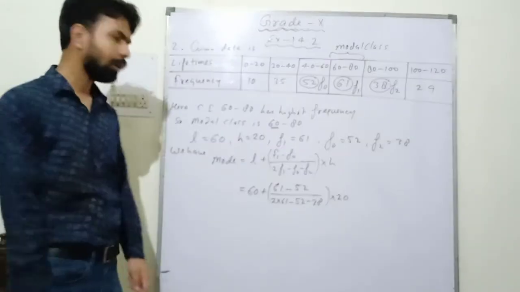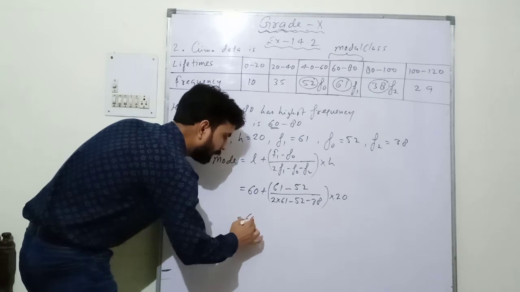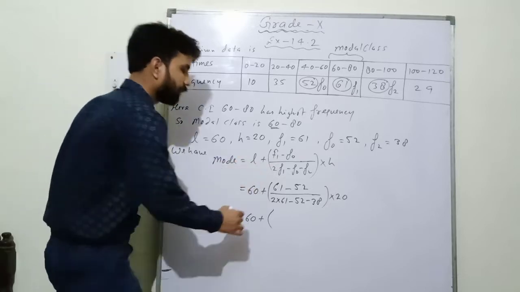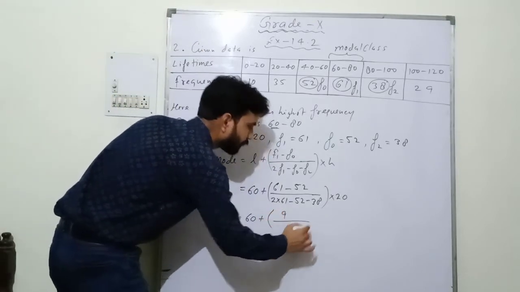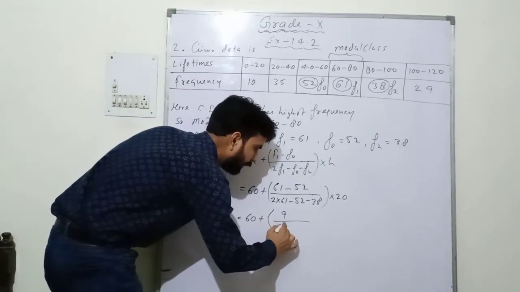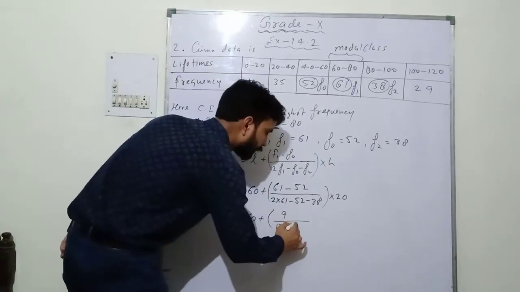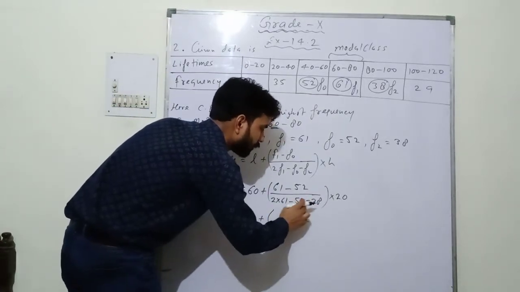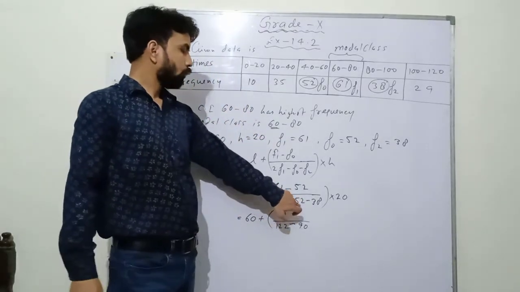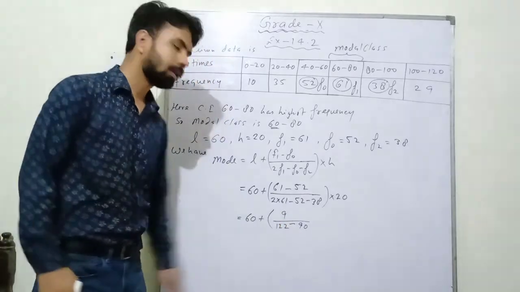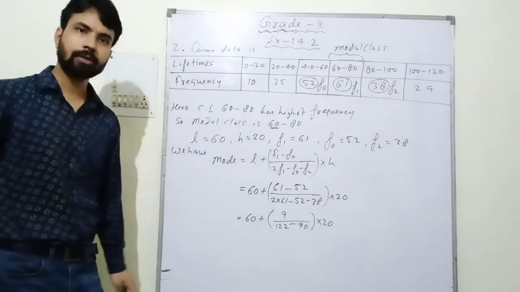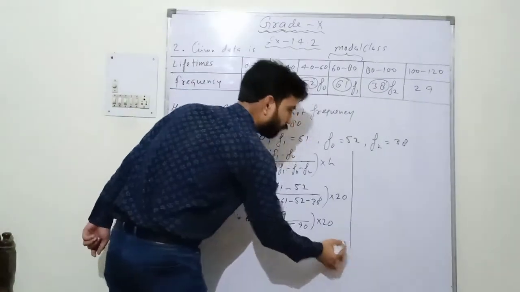Now we will simplify this calculation. 60 plus 61 minus 52 is 9, upon 2 into 61, 122, minus 52 minus 38, that is 90. So this will be 90 into 20. Understood?